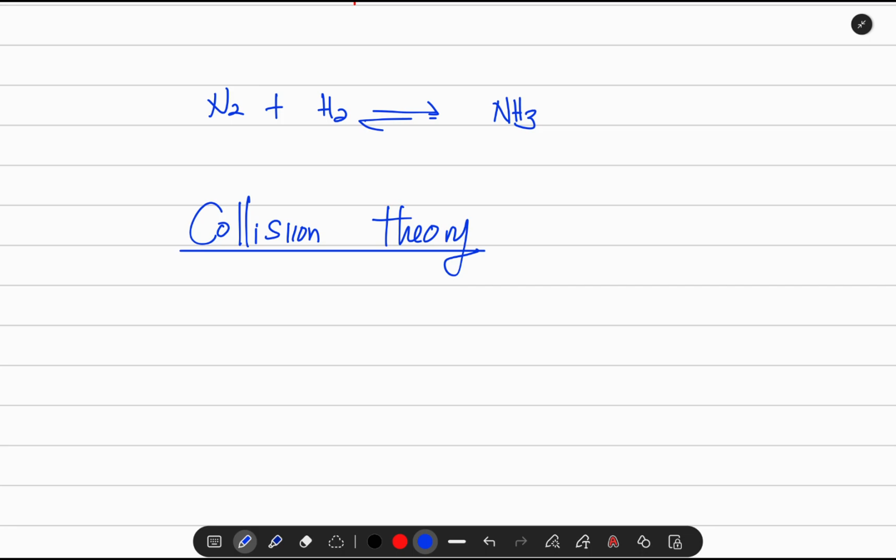Now, what is this position? This position is what we are calling a correct orientation. Is it making sense? Correct orientation.